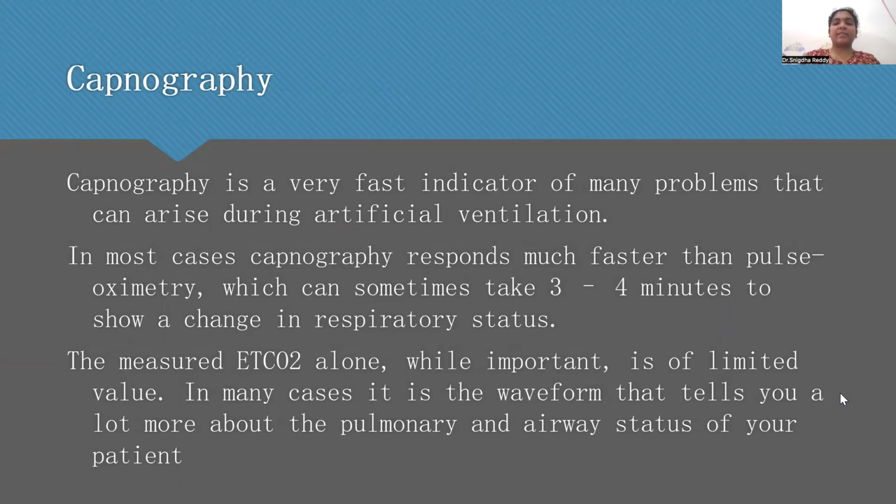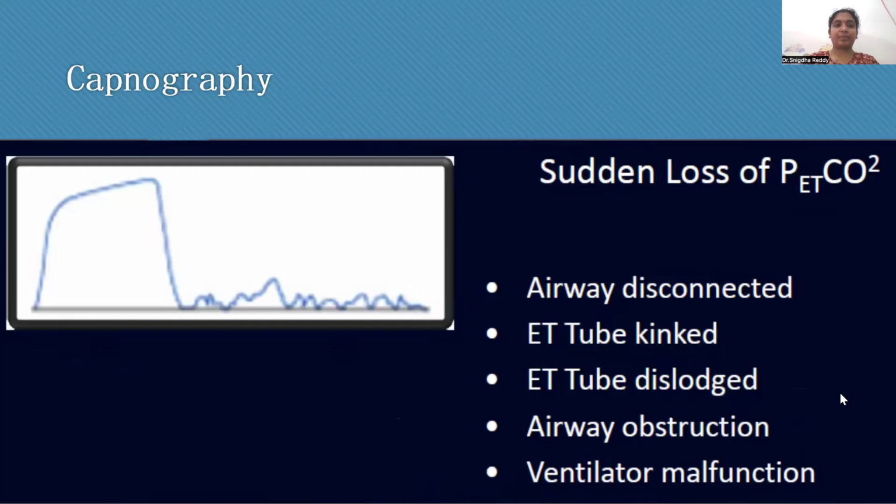In many cases, it is the waveform. More than the number, the waveform depicts a large number of diseases, pathologic states, and the physiological status of the airway. So the number alone is not enough. The graph is a must, and continuous graph recording is a must to tell the problems of airway and perfusion status.